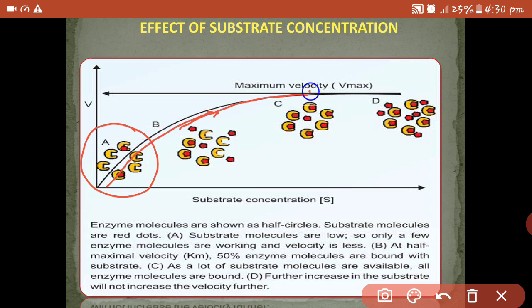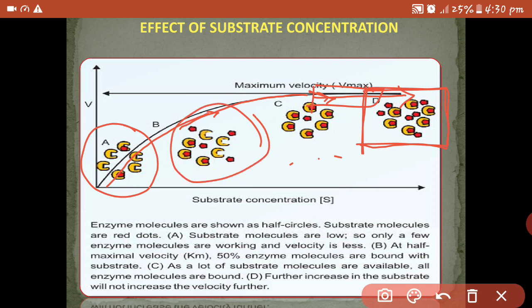With further increase in the substrate concentration, all the enzymes are already occupied with their substrates, and here you can see the maximum velocity is attained. Furthermore increase in the substrate is not changing anything, there is no effect of further increase in the substrate when the enzyme concentration is kept constant.